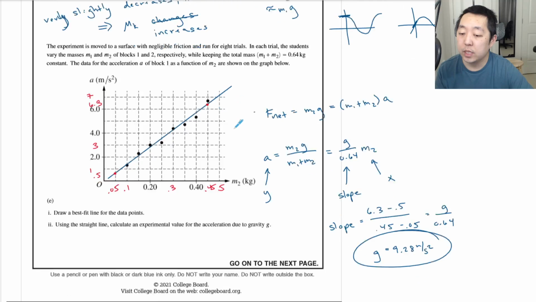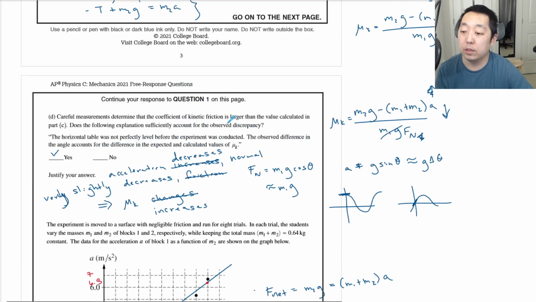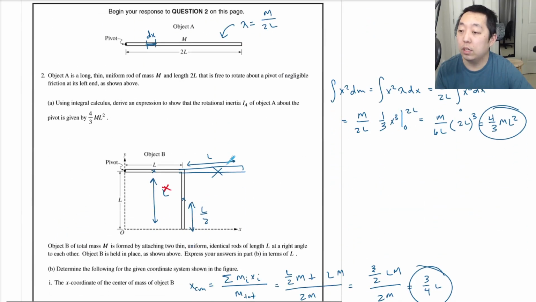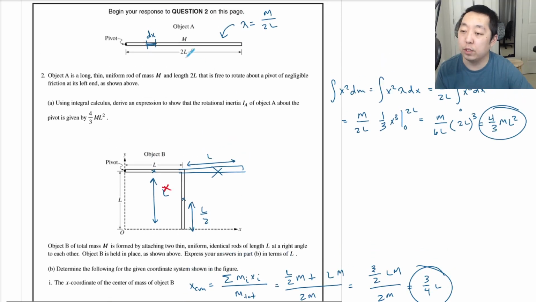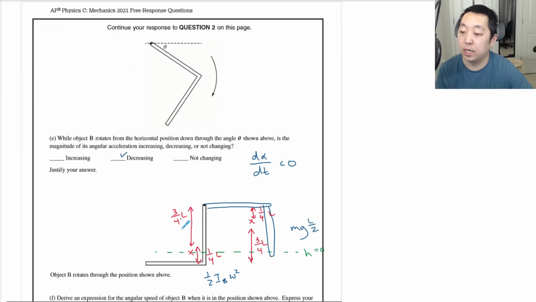Except for part D, I thought this might have been a little harder compared to problem set 1. Overall a little bit harder with the change in the shape and understanding the center of mass. Once you did that, all of this stuff was kind of the same.